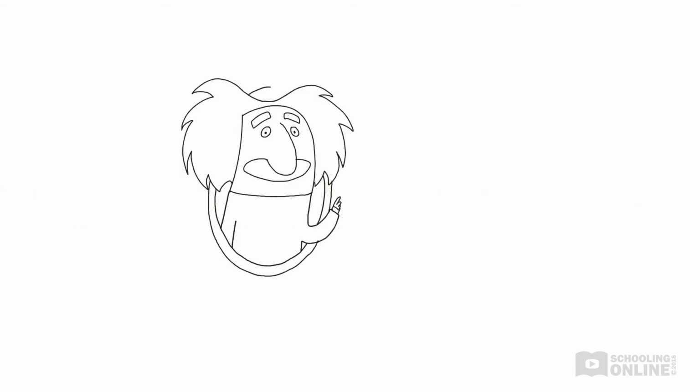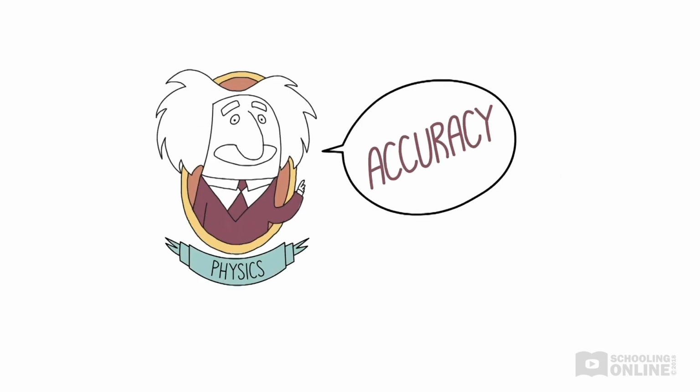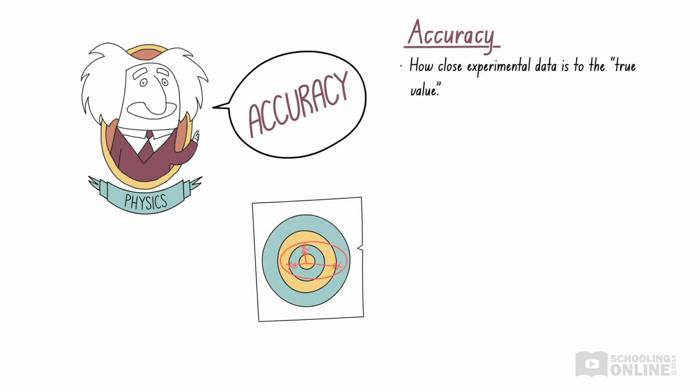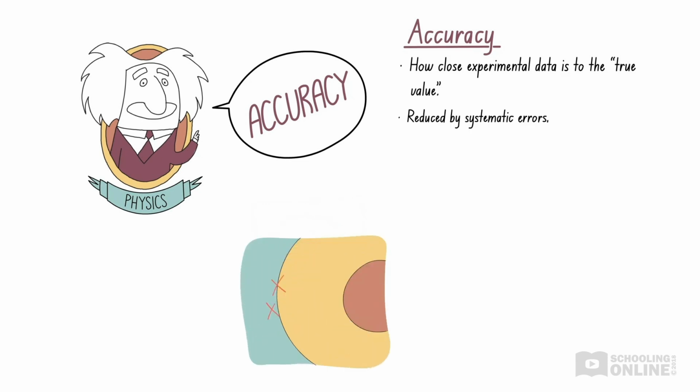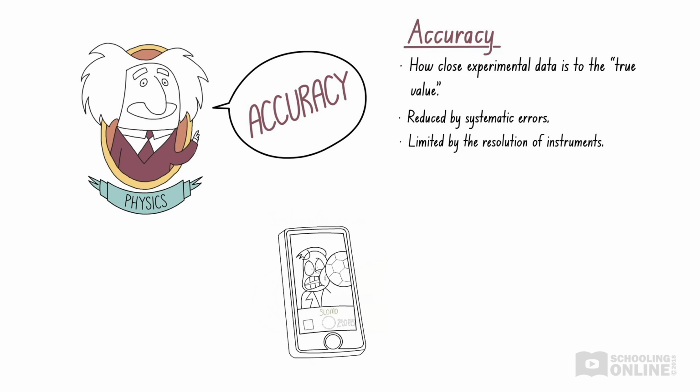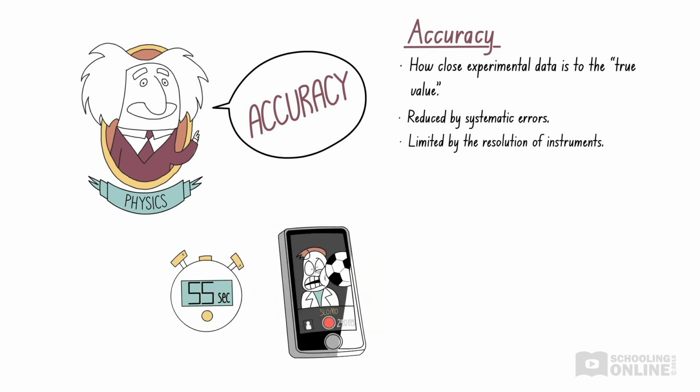Let's revise what we've discussed in this video. Accuracy is a measure of how close the experimental results are to the true value. Accuracy can be reduced by systematic errors. Accuracy is also limited by the resolution of instruments, which depends on the increments of your measuring device.